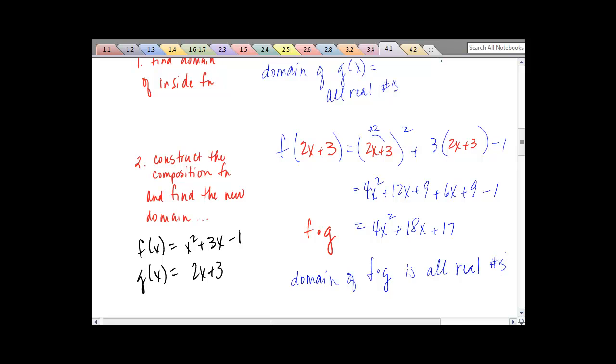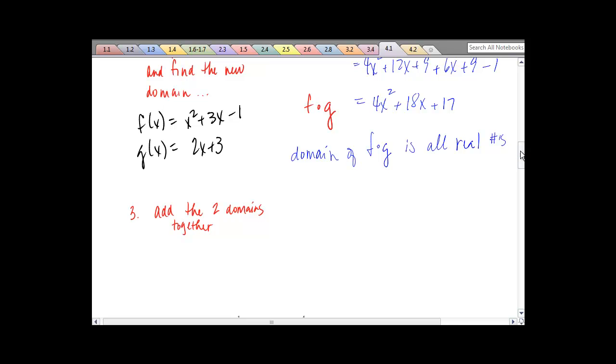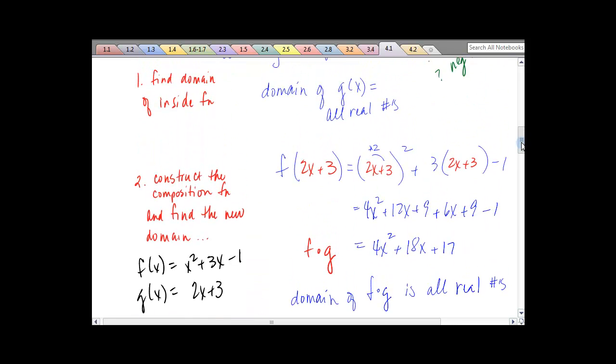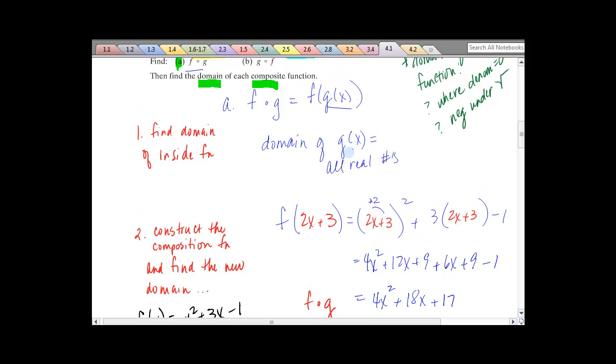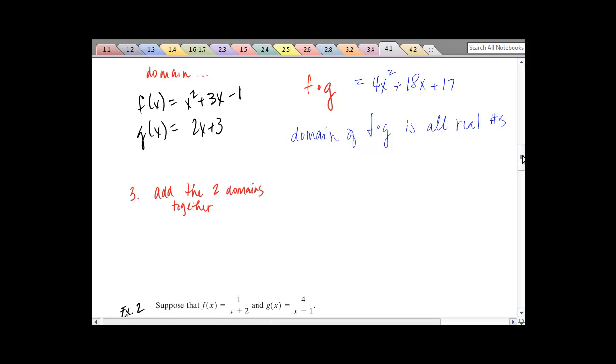But I'm not done yet. I'm almost done. The last thing I need to do is combine both my domains. I might have had a restriction come up in this first domain that I would have to include in the second domain.